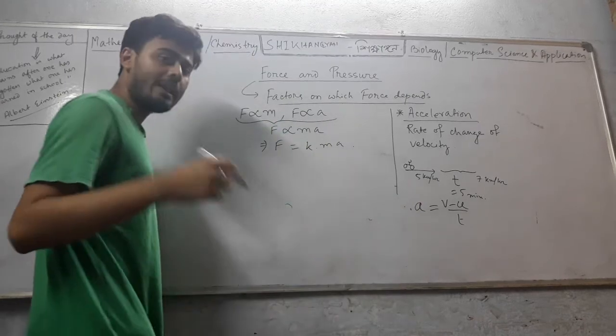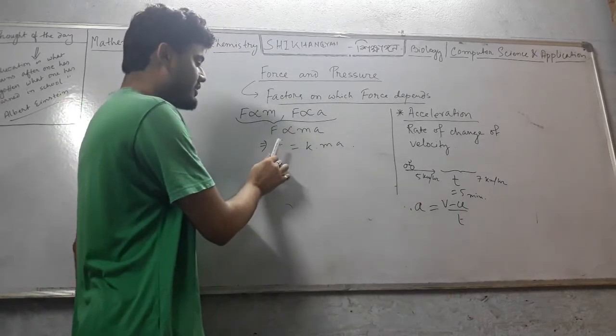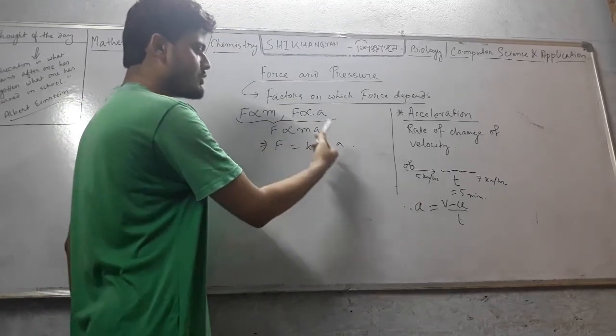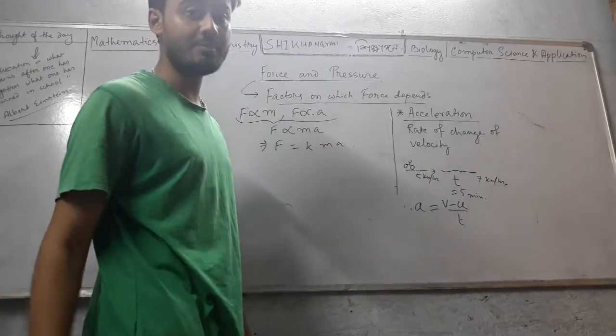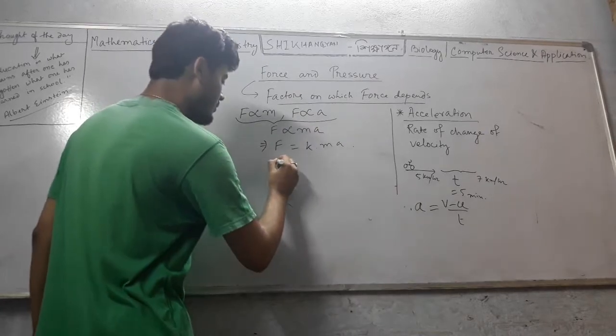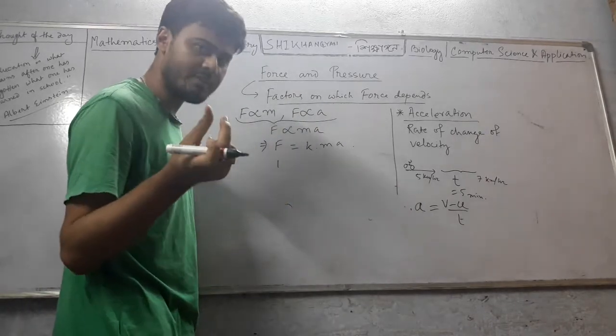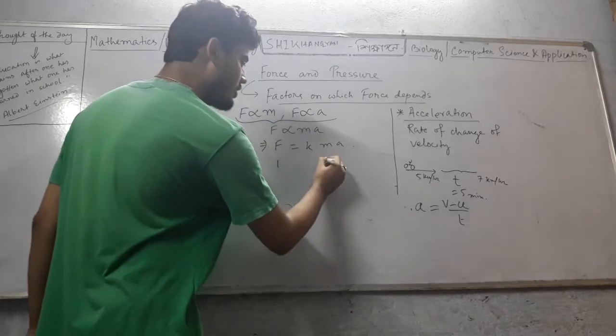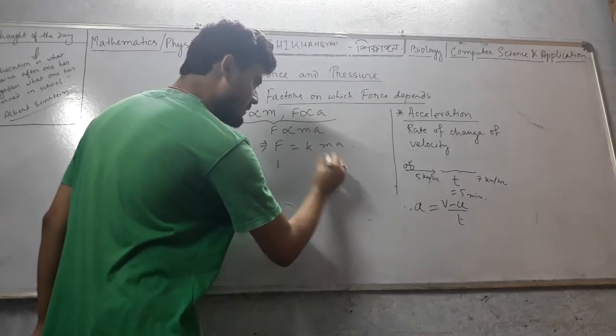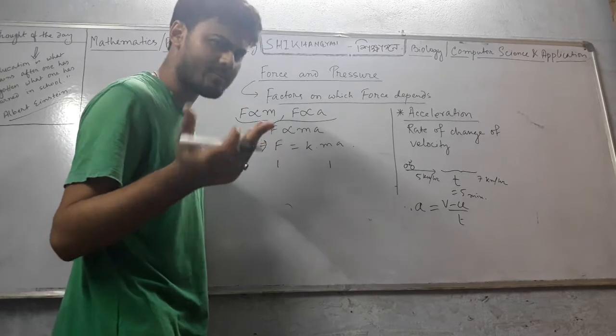Now think, unit force is applied to unit mass producing unit acceleration. That means force is unit means 1. 1 unit of force is applied on an object of unit mass. Unit mass means 1.